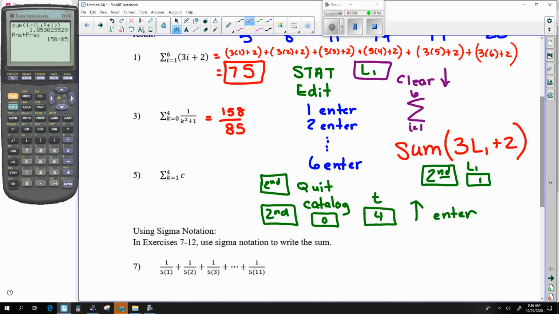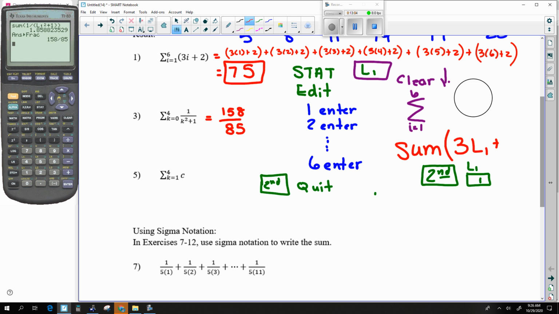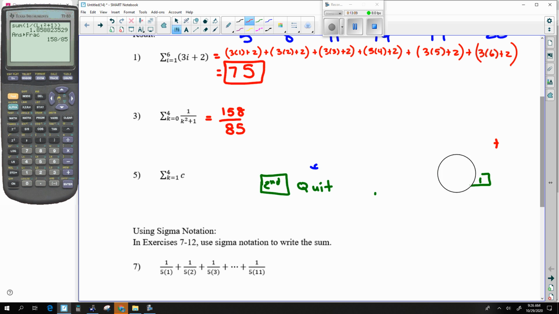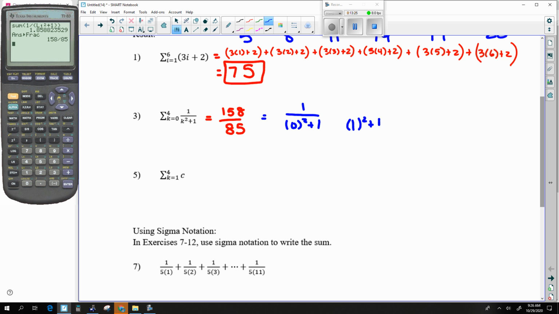All right, so let's go ahead and see how I would do that. Again, I know how to use my calculator. If you need to see this stuff, just rewind the video a little bit. So here's really how I would do it. I write out the long version. So I have 0 squared plus 1, 1 squared plus 1, 2 squared plus 1, 3 squared plus 1, and 4 squared plus 1.